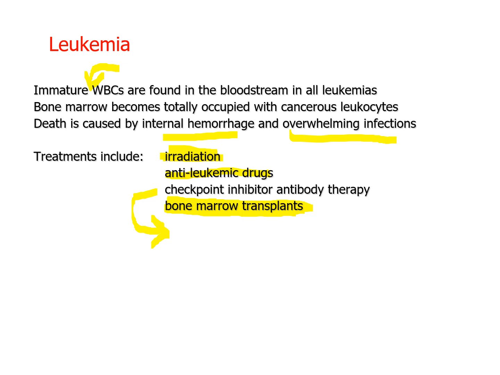Monoclonal antibodies that act on what are called checkpoint inhibitors, and they allow the person's own immune system to go ahead and kill the tumor. And they're quite an amazing new development.